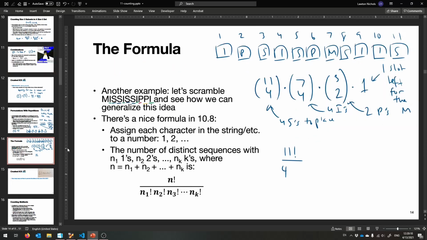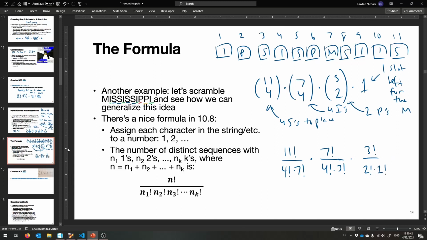So 4 factorial times 11 minus 4 factorial, which is 7 factorial, times 7 choose 4. 7 factorial over 4 factorial times 7 minus 4 factorial, so that's 3 factorial. Times 3 choose 2, 3 factorial over 2 factorial times 3 minus 2 factorial, which is 1 factorial.